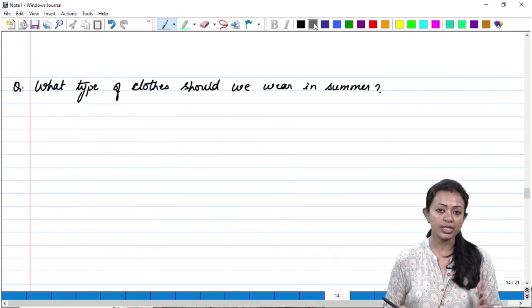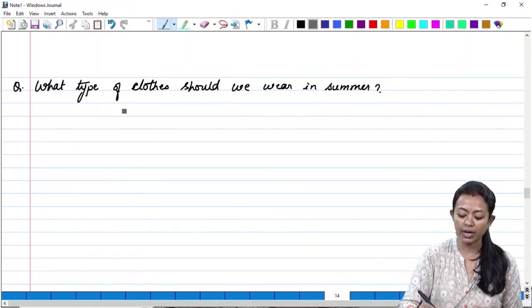Because cotton is a good absorber of moisture, it absorbs the sweat and exposes the sweat to the surrounding. And through the air pores, this sweat gets evaporated into the atmosphere. And we know that evaporation leads to cooling effect, and thus we feel cool. That's why during the summers we should wear only cotton clothes.